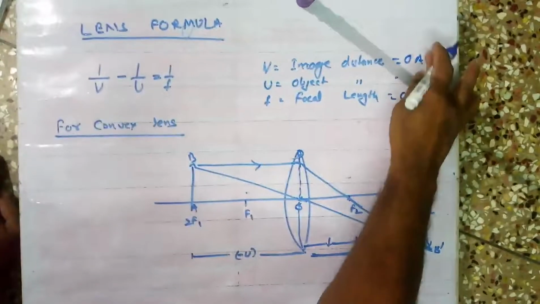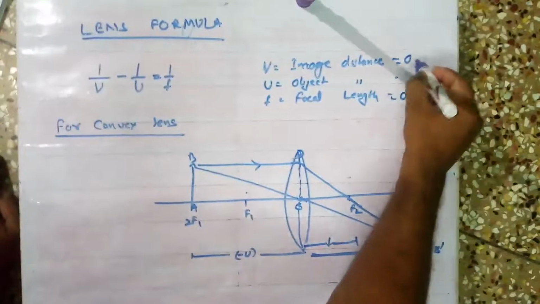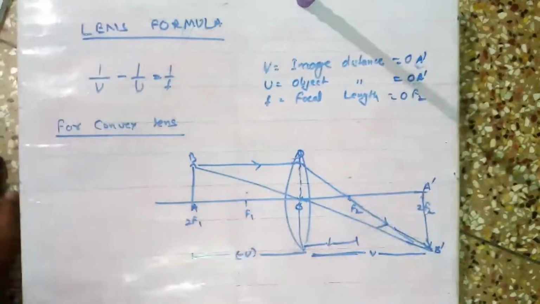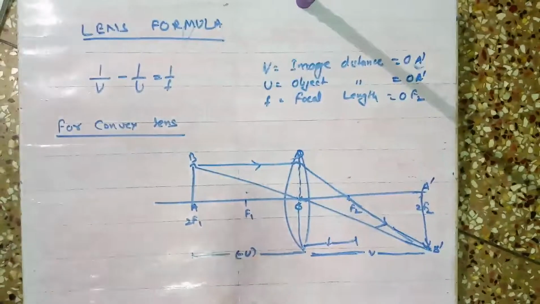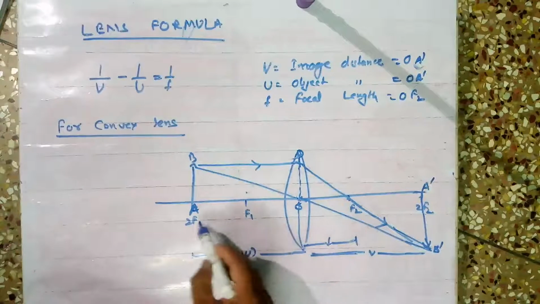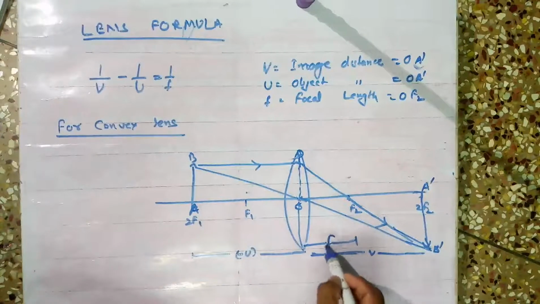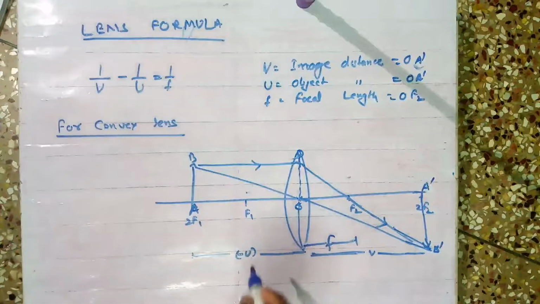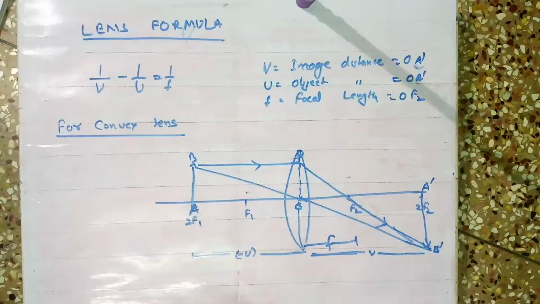Image distance, sorry, this is image distance OA prime. Object distance OA, this is F2. U is negative. Minus U, because we are measuring on the left side.